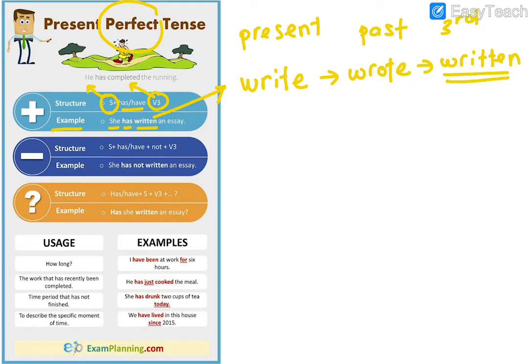So your subject, Ali, has or have. Okay, when to choose has or have, you have to look at the subject. Singular subject use has, plural subject use have. Later I will show you again. Okay, so Ali is singular, so we use has. Has, and then you put the verb. Written a diary.